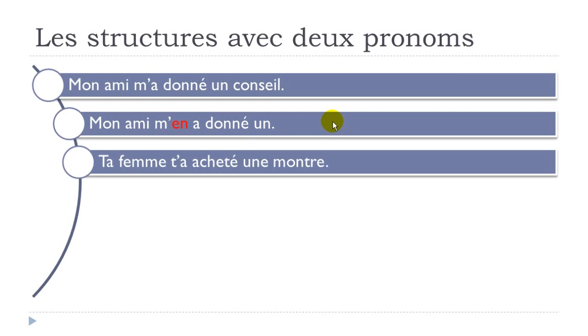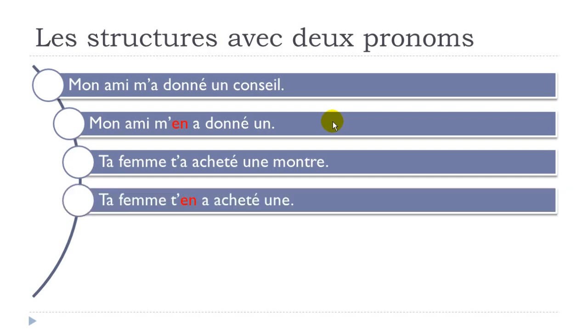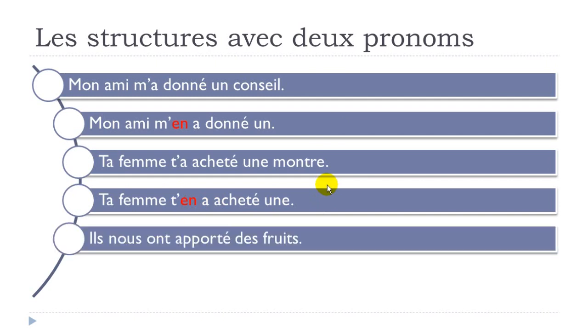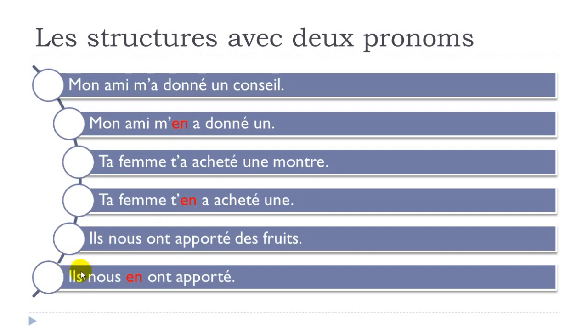Let's see now the same sentence that we had previously, but at the passé composé form. Ta femme t'a acheté une montre. Same thing here. Ta femme, te should be here, but with the vowel, we take away the e. En a acheté une. Ta femme t'en a acheté une. And then, ils nous ont apporté des fruits. Same thing. Ils nous en ont apporté.